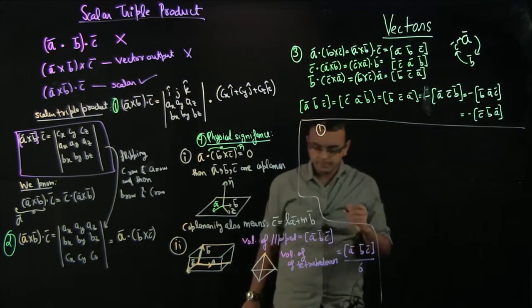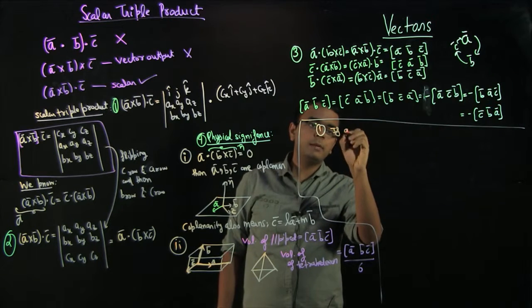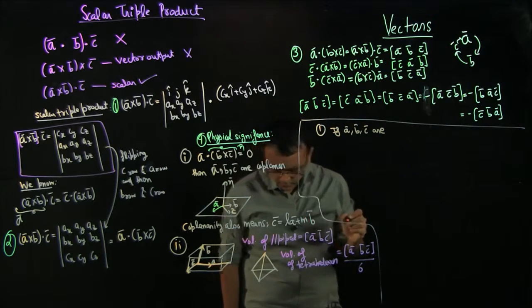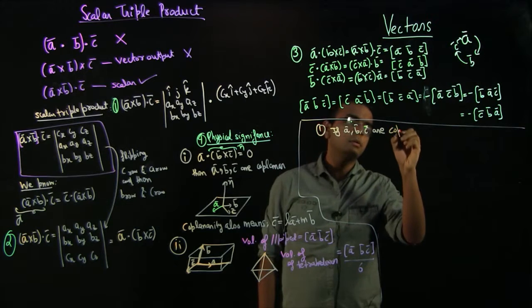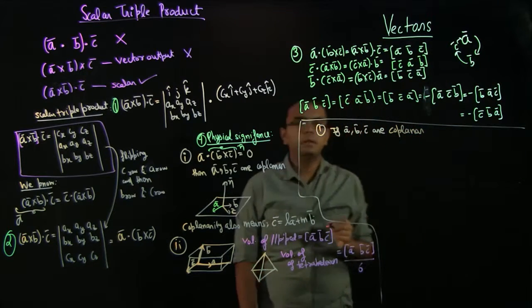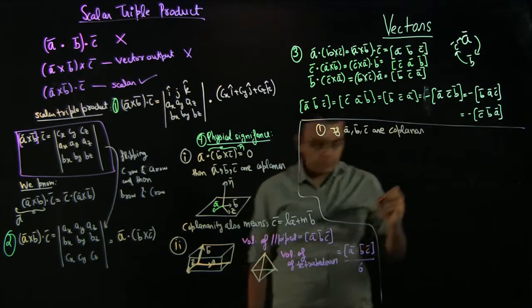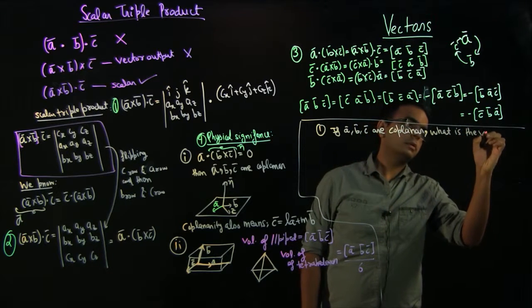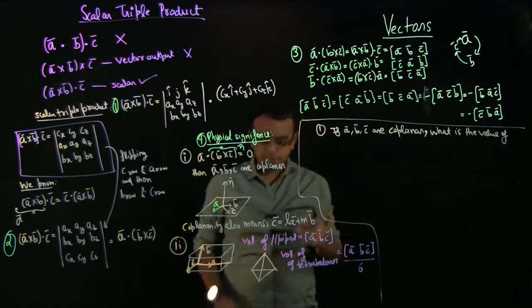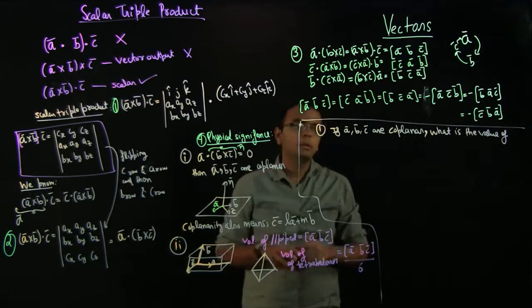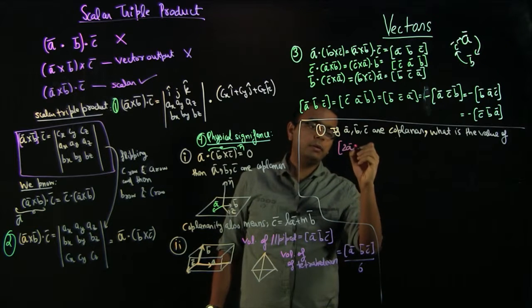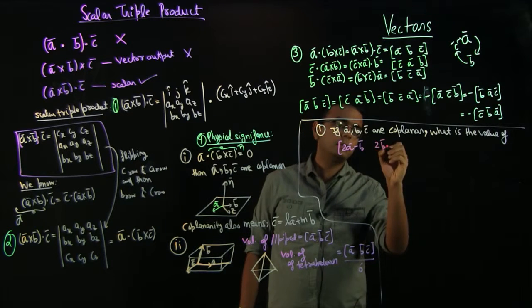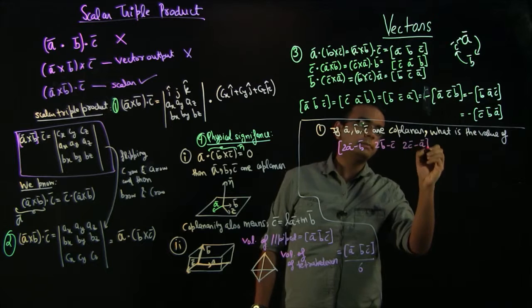The first problem is, if ABC are coplanar, what is the value of 2a minus b, 2b minus c, and 2c minus a?